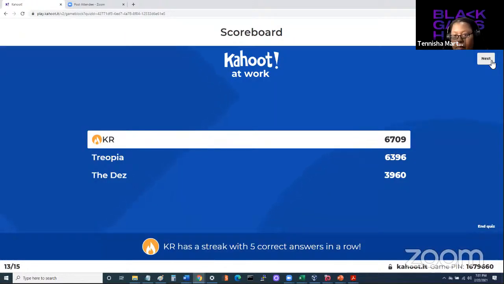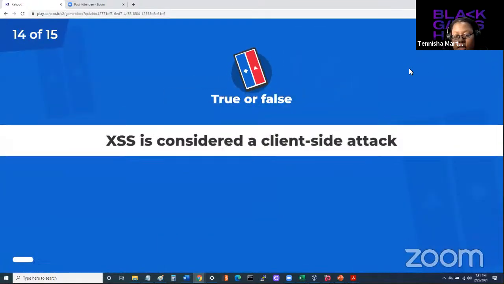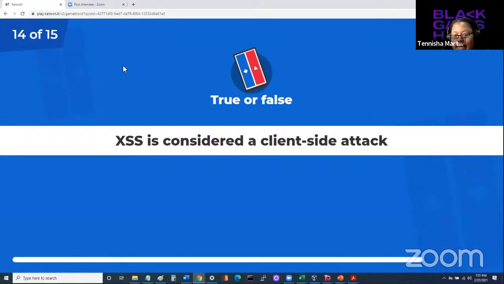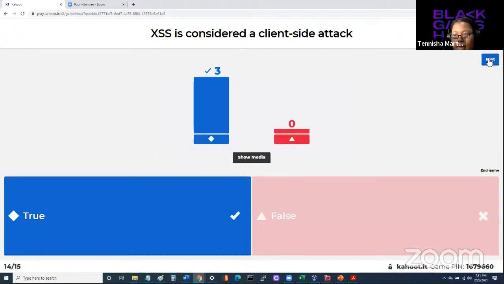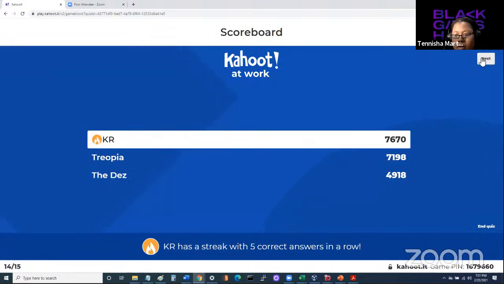All right, next up, number 14. XSS is considered a client-side attack. It is, in fact. All right.